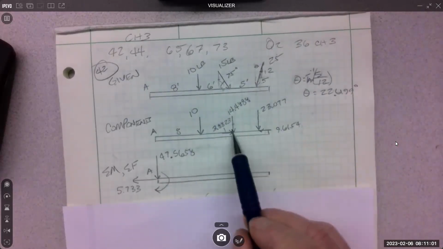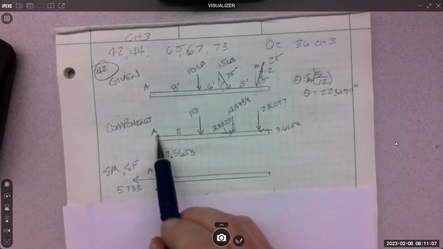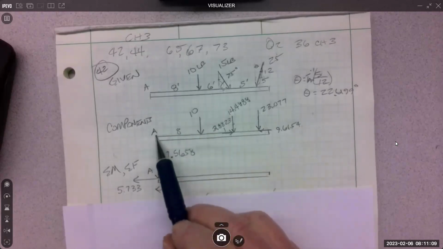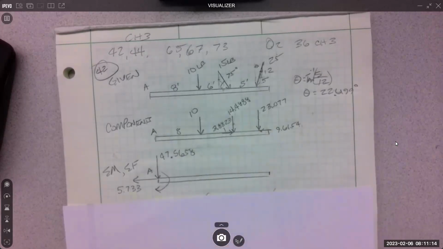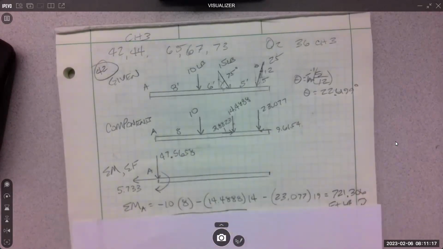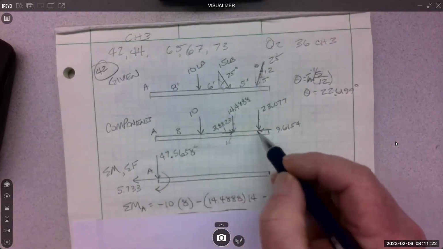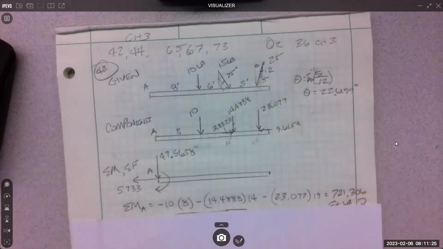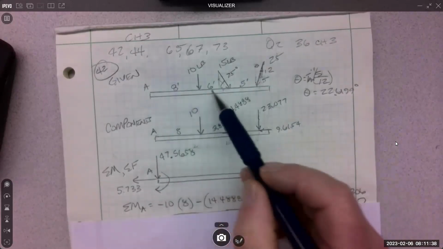The x effects go right through A, so they produce no moment. So the only moment you have is that times its distance, that times its distance, and that times its distance. I wrote that out: 10 times 8, 14 times 14, and that's the 8 and the 6, and then the 23 times 19, 8, 6, and 5.